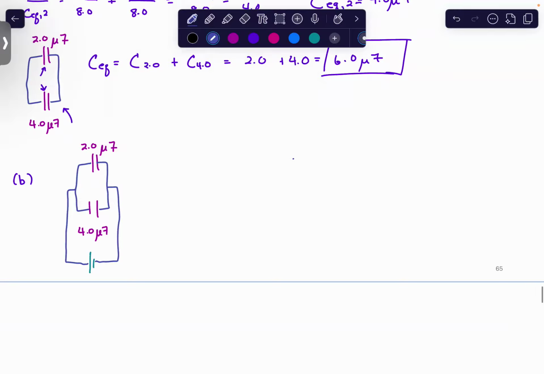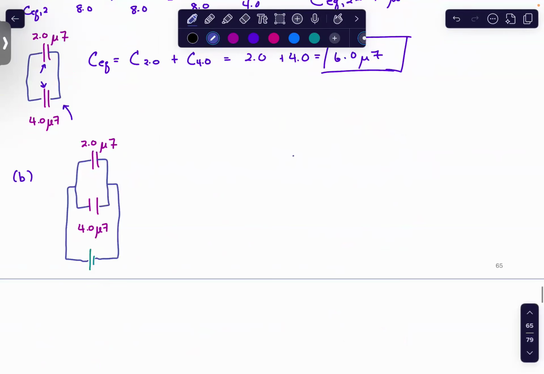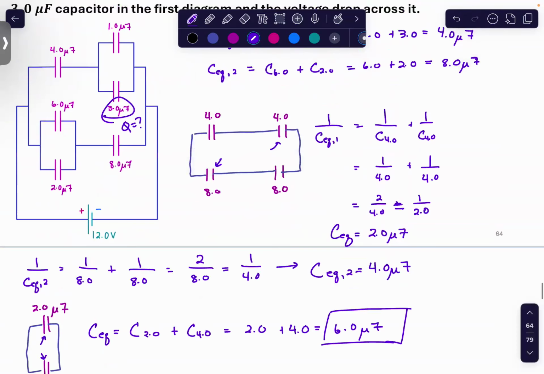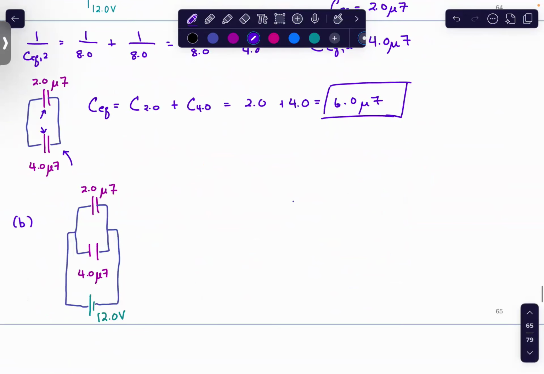And our battery is what? 12 volts. So I know that both of those have the same delta V. And I also know that the capacitor I'm shooting for is on the top. So I don't even care about the 4 microfarad capacitor on the bottom. I'm just looking at the capacitor on the top, and I'm going to start spacing that back out. So let's find the charge there.